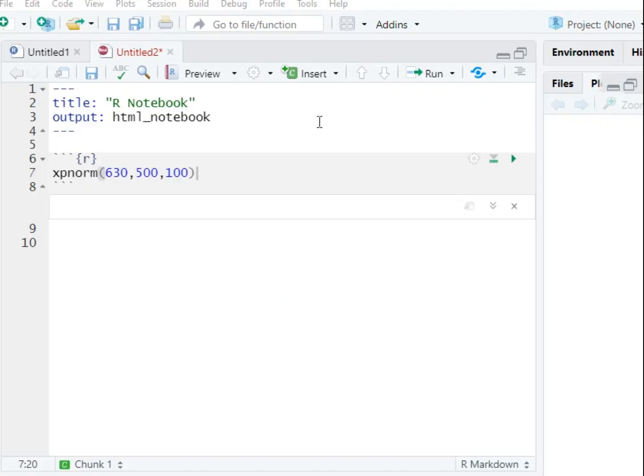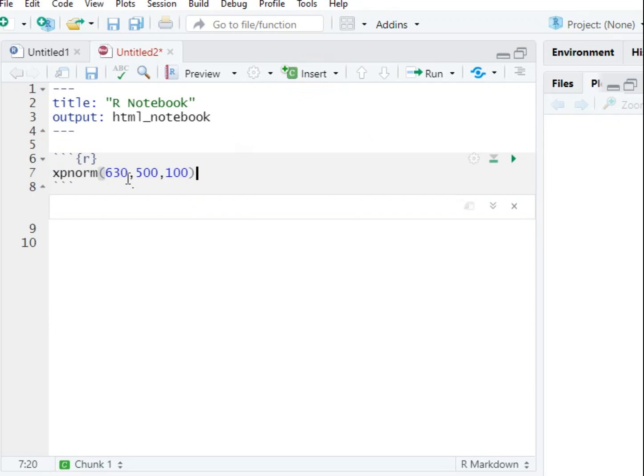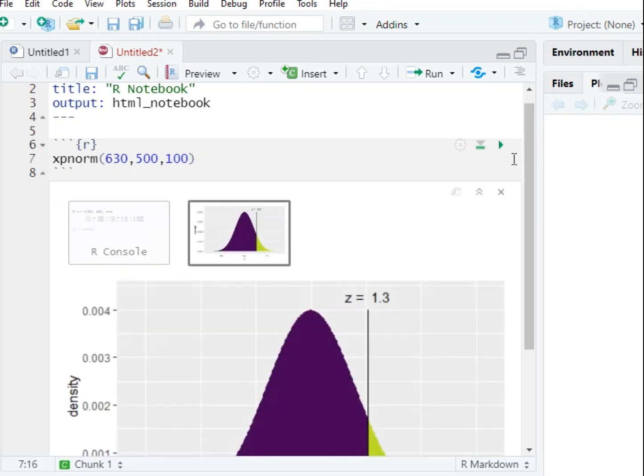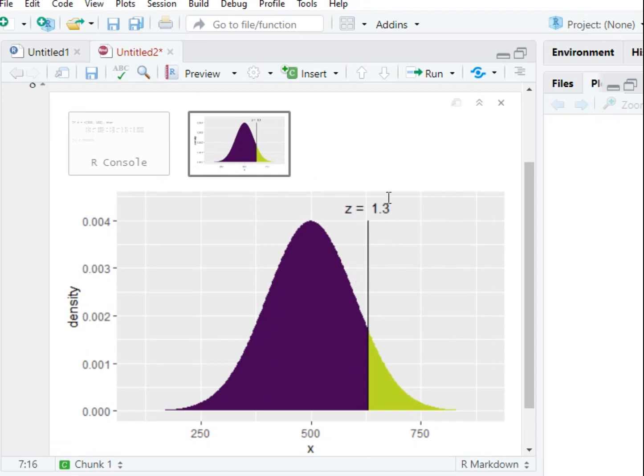Now I've switched over to RStudio, and all I did was File, New Notebook, and then I selected all the stuff that comes up in the template and deleted it. Then we hit Insert, some R code, and I'm going to type in XPnorm, and I put Maria's 630 raw score first, then the mean, and then the standard deviation. And when I hit play, a couple of things happen. First of all, I get the nice interactive chart.